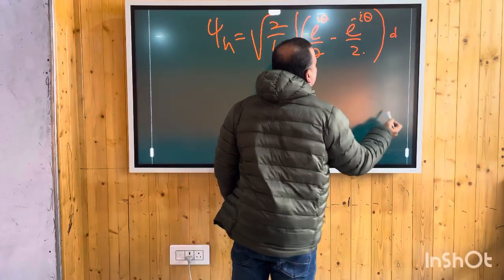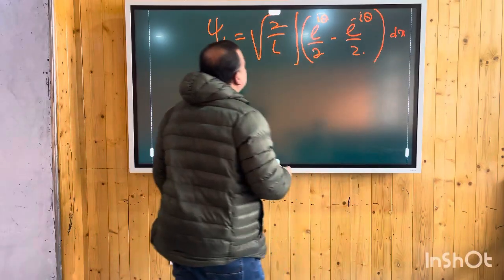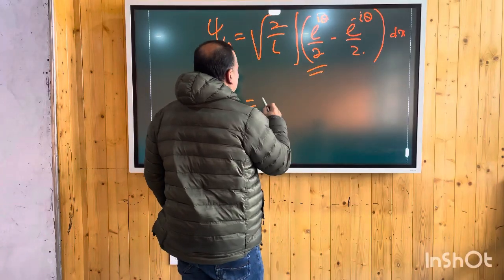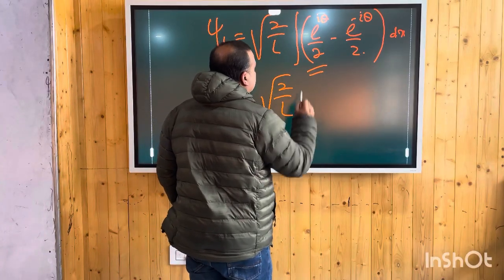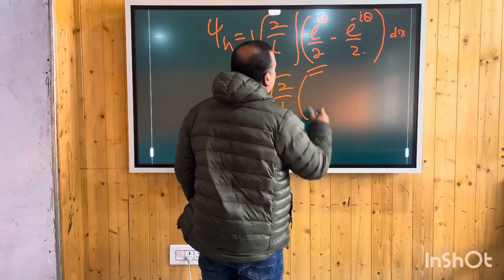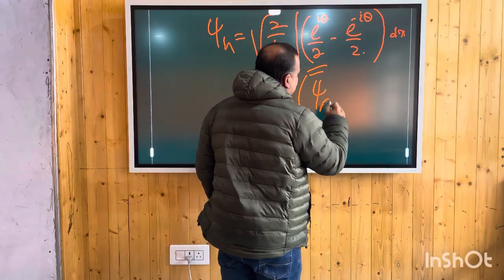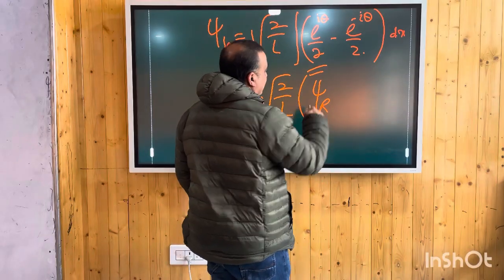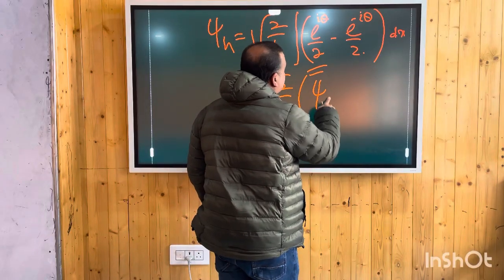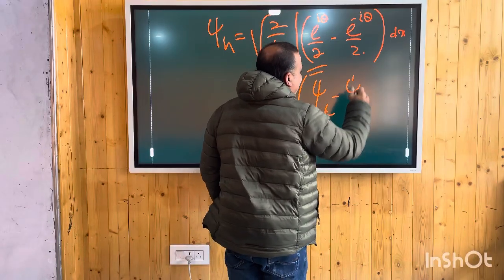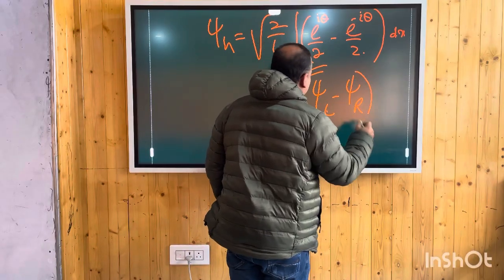So d, we know it is dx. So I can represent this whole thing as psi left, because it's positive. This is psi left minus psi right.